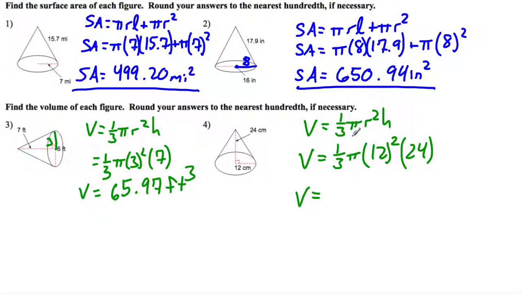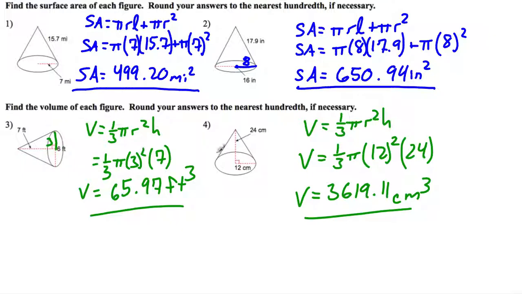So over here, I have again 1/3, not 1/2, times pi times 12 squared, which is 144, not 24. 24 is 12 times 2. And that gives me a volume of 3,619.11 centimeters cubed.